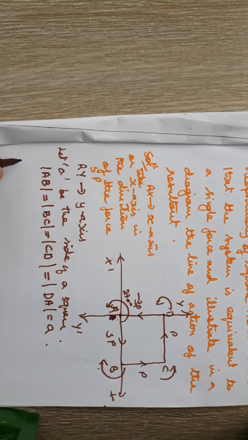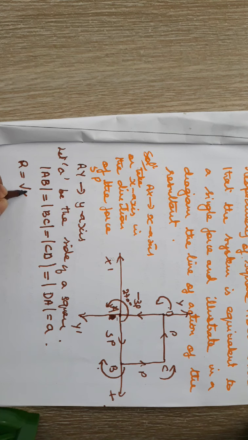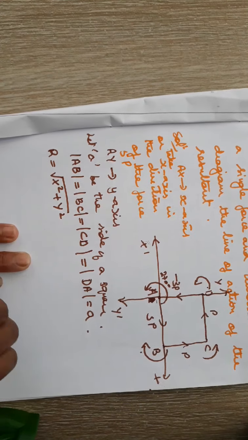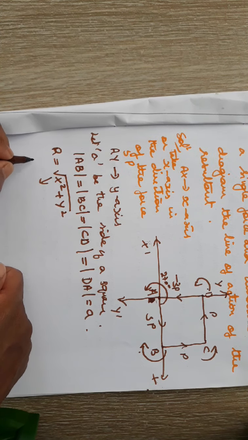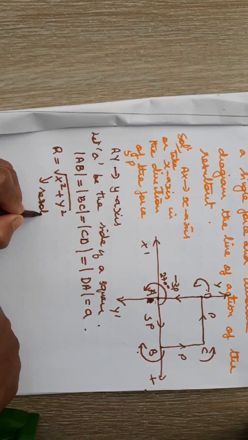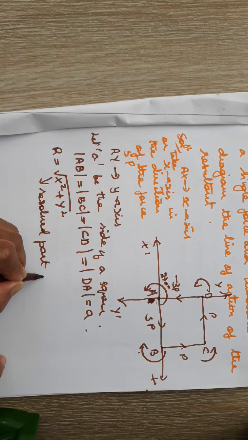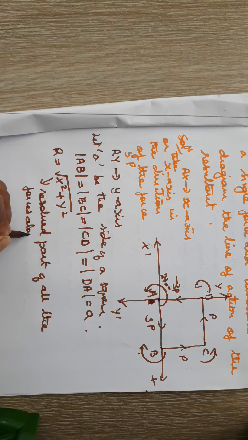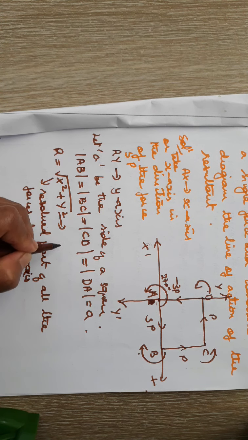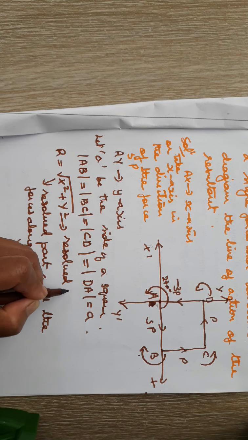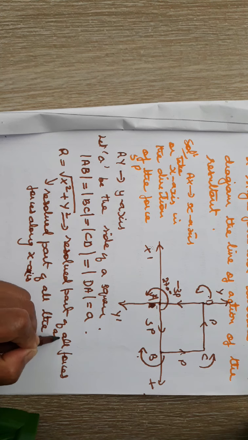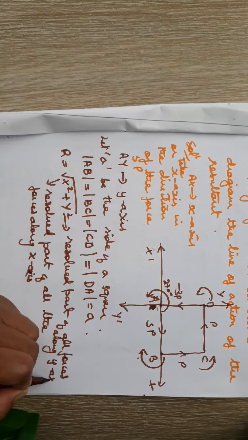Now we know that the resultant R is given by this formula, square root of X squared plus Y squared, from the analytical method I have discussed with you, where X here stands for the resultant part of all the forces along the x-axis, and Y is the resultant part of all forces along the y-axis.